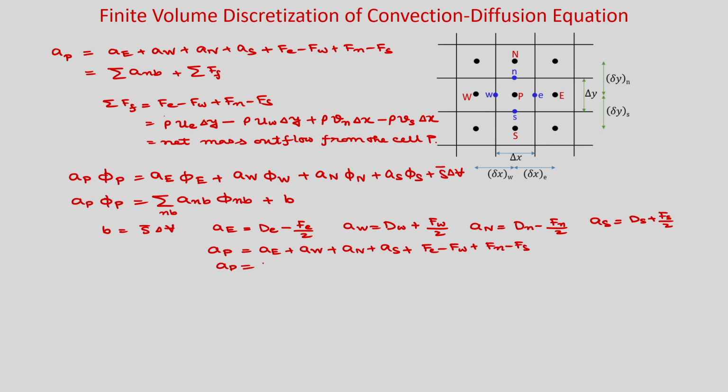So, you can write Ap as the summation of all the neighbor coefficients plus the summation of Ff.